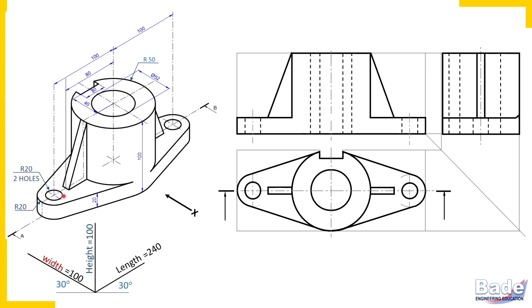Ribs are thin plates which connect major portions of machine parts to increase the strength of machine parts. Such thin plates or ribs, we never consider getting cut by a cutting plane. We assume these ribs intact. So now make a rule here.